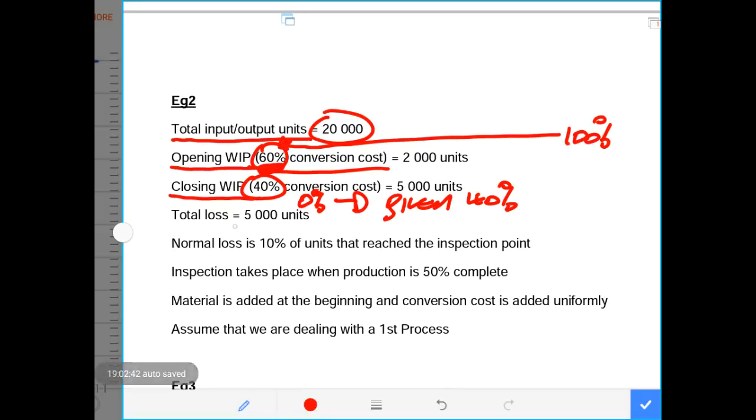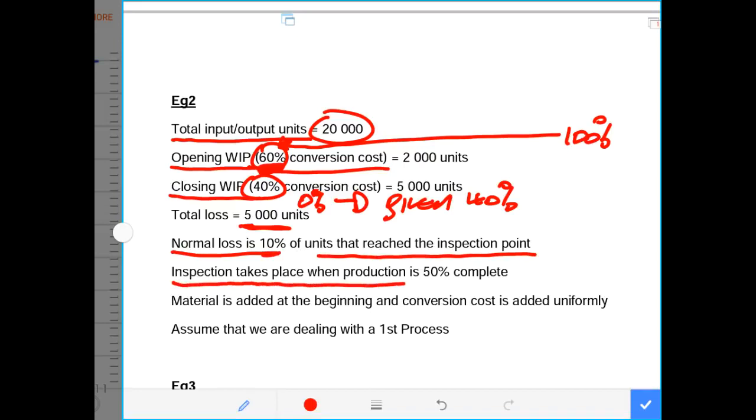Now we are again given a total loss of 5,000 units. It further says normal loss is 10% of the units that reach the point of inspection, and inspection takes place when the production is 50% complete.